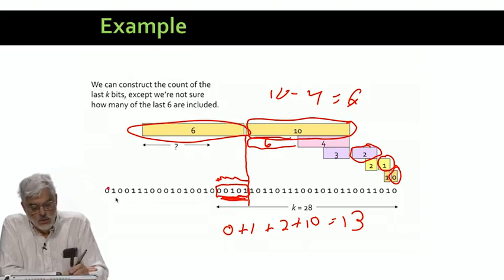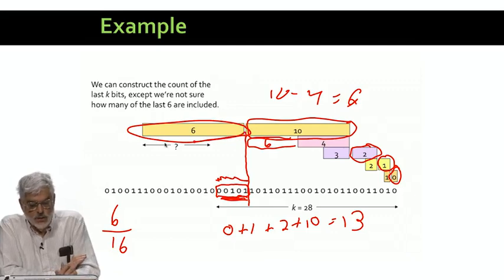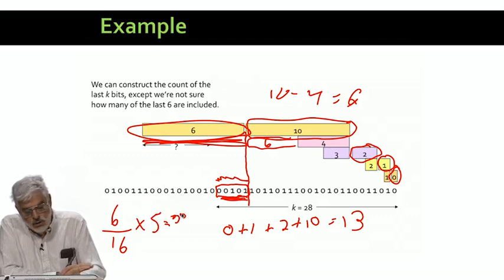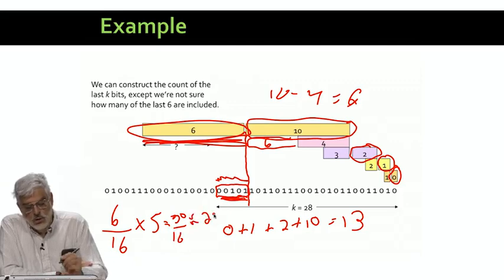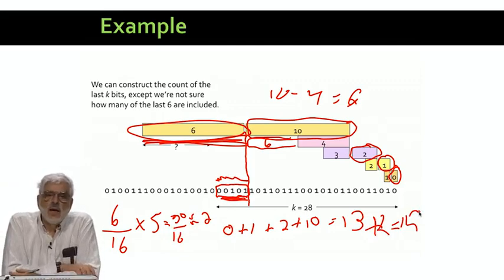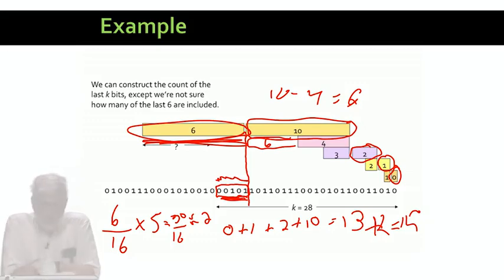We know that there are 6 in the block of 16, so 6 divided by 16 is the probability that any given bit is 1 in the range represented by this block, and we have to count 5 of them, so that's 30 divided by 16, which is roughly 2. If we guessed 2 and added that, we'd get 15, and that happens to be right on the mark, even though we didn't get to see the 5 bits that we wanted to count.